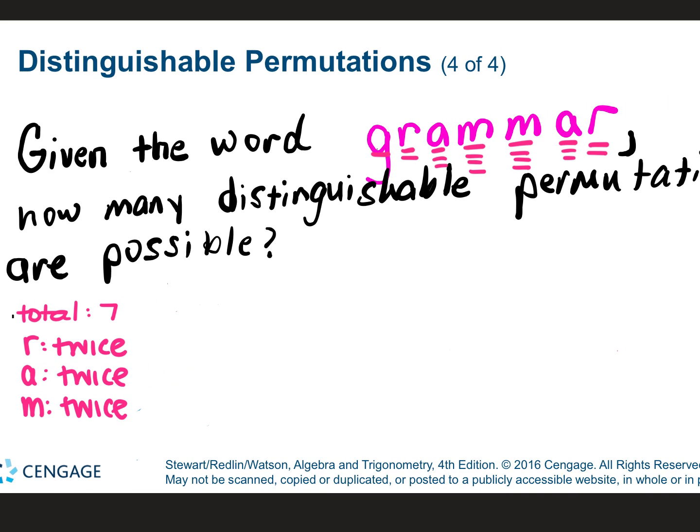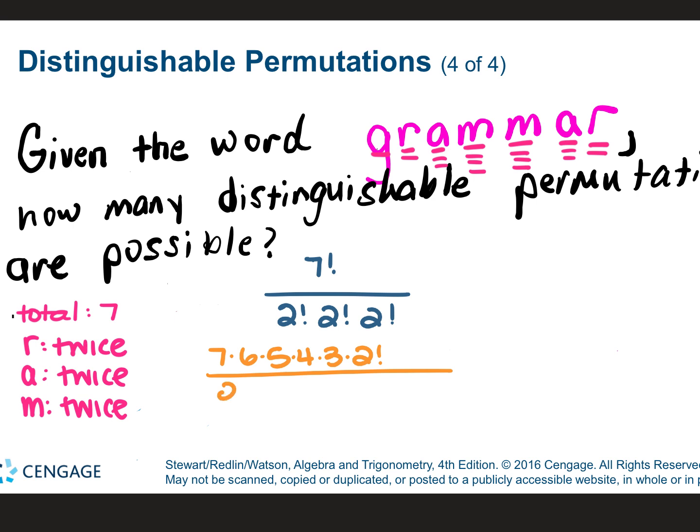So when you go to write your problem out, your 7 is going to go on top, and then that A, that R, and that M repeat themselves twice, so you're going to have the 2 three times on the bottom. Remember up top, that's 7 times 6 times 5 times 4 times 3 times 2 times 1.